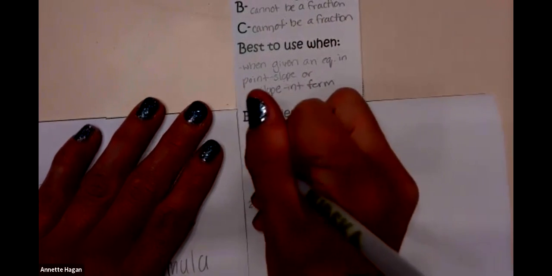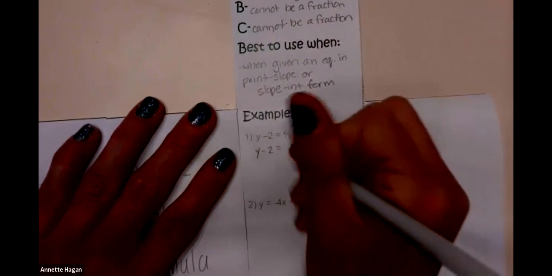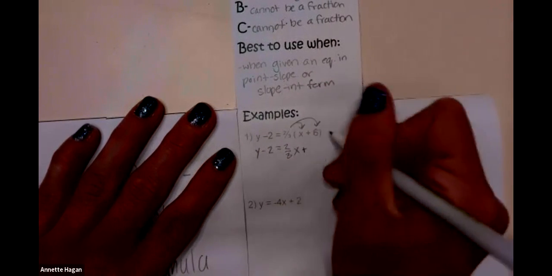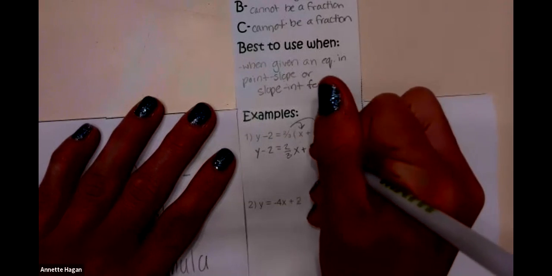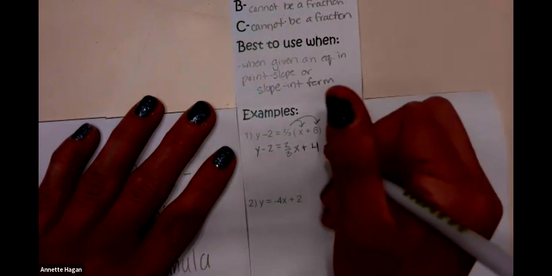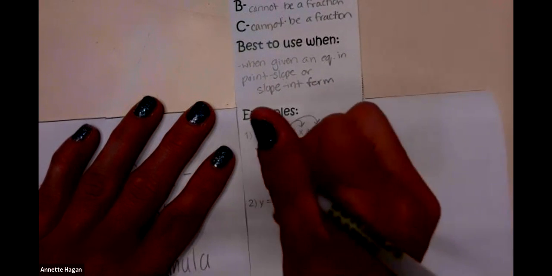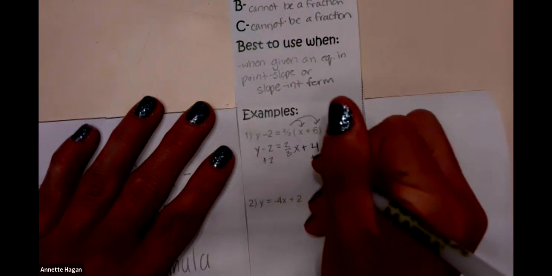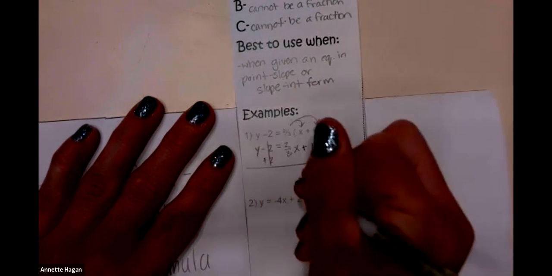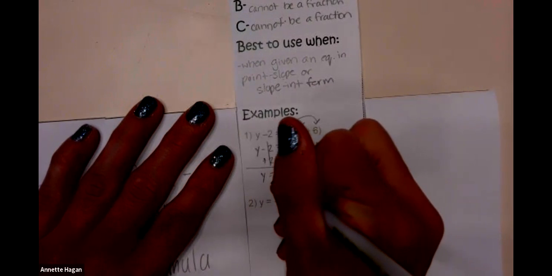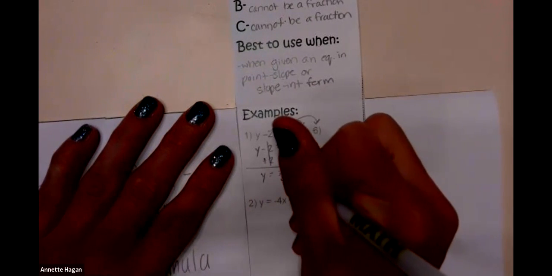So I have y minus 2 equals 2/3 x plus 4, because 2 times 6 is 12, and 12 divided by 3 is 4. Then I'm going to add 2 to each side. So I get y equals 2/3 x plus 6.